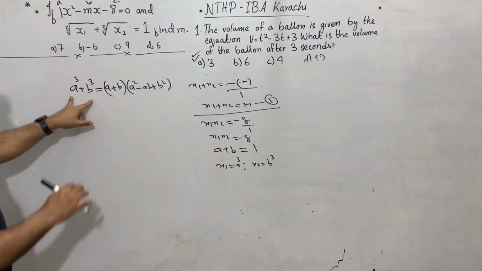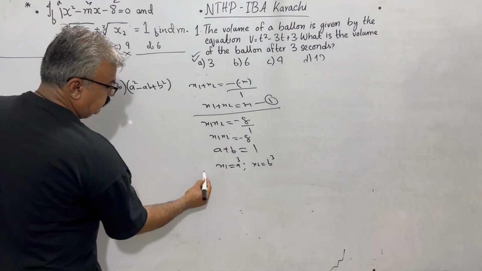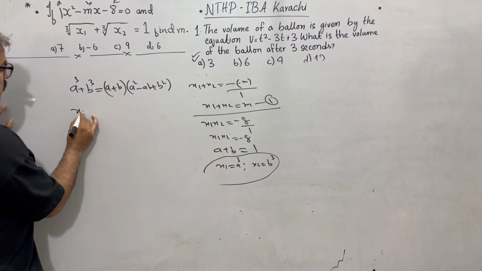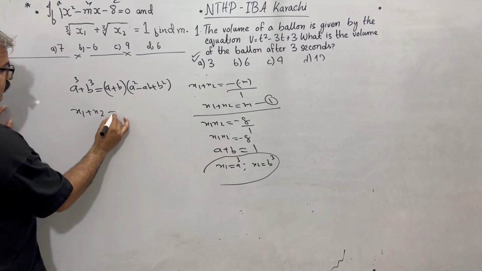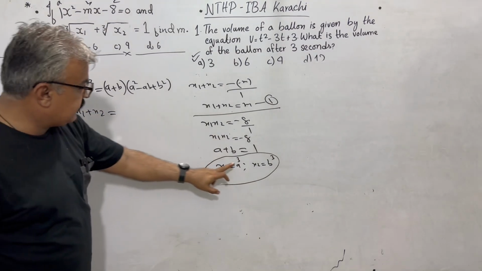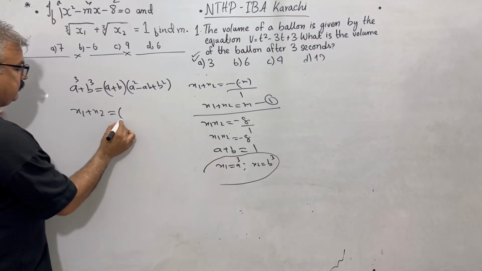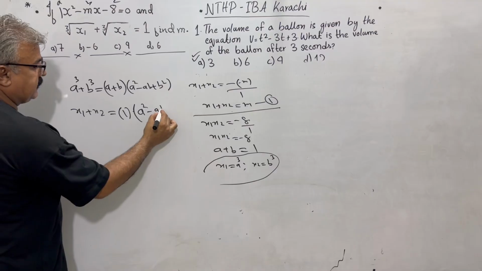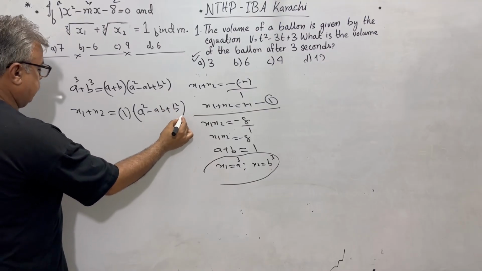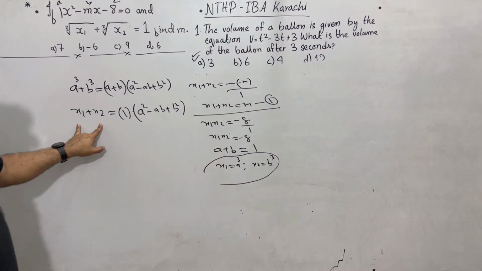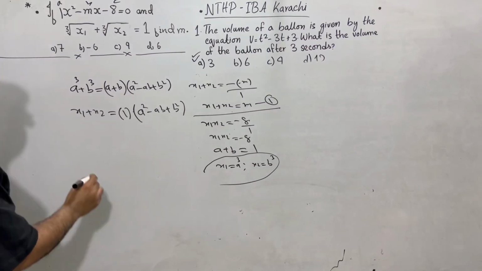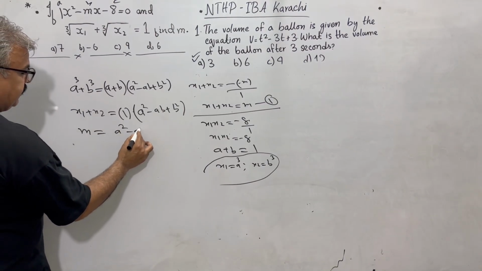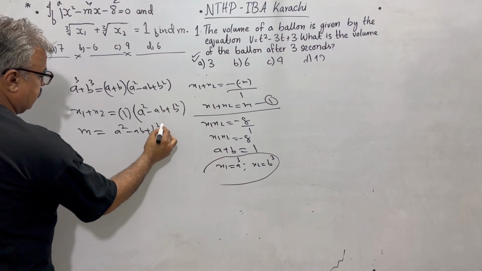Now instead of a cube plus b cube, I can plug in x1 plus x2. a plus b is given to us, it's equal to 1, and I have a square minus ab plus b square. x1 plus x2 is equal to m.